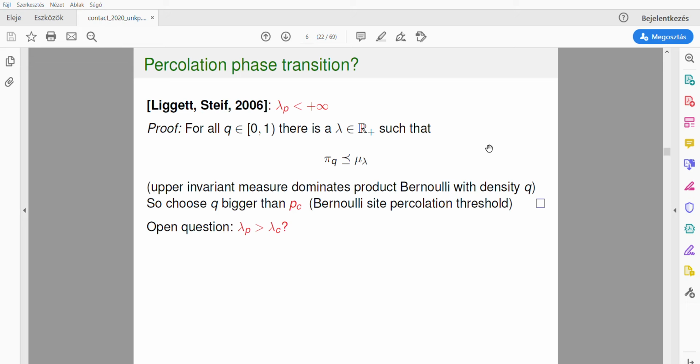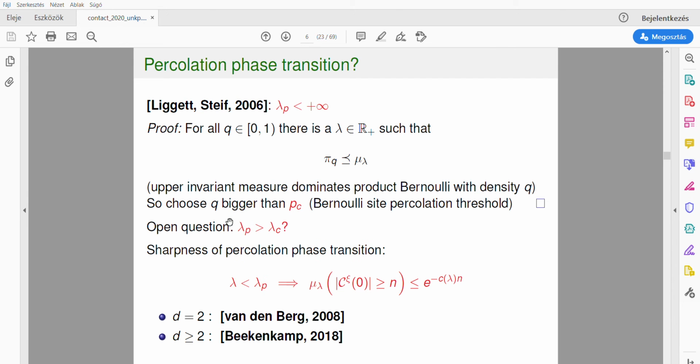They posed it in 2006, and we did not solve this open question. So this question is still open up to this day, but this did not stop people from investigating the values of lambda which are between lambda c and lambda p.